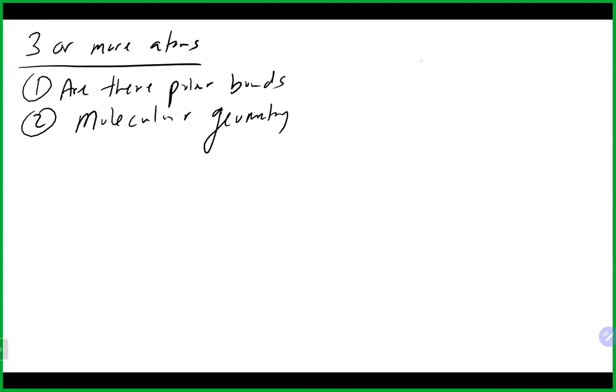So let's take the classic example of carbon dioxide. If we draw carbon dioxide here, which I think we did maybe at the very end last time, it will look something like this, basically a double bonded oxygen on each side. When I look at carbon dioxide, the first thing I want to figure out is, does it have polar bonds?